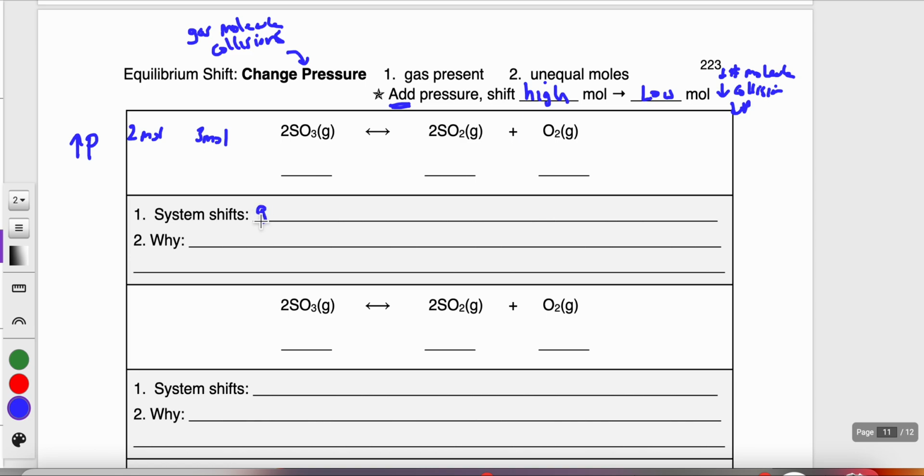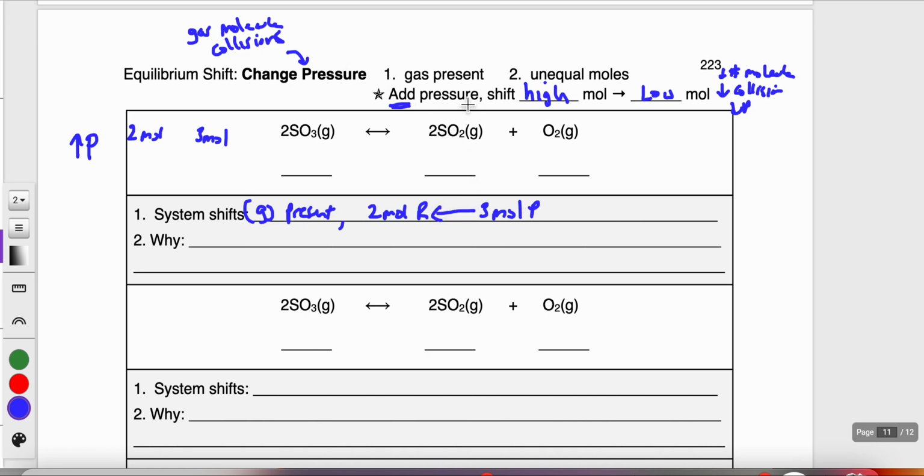Gas present, and we have 2 moles on the reactant side versus 3 moles on the product side. If we have added pressure to the system, it will shift from the high mole side to the low mole side.